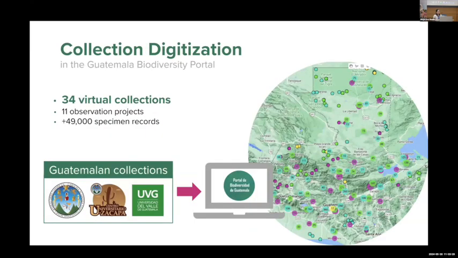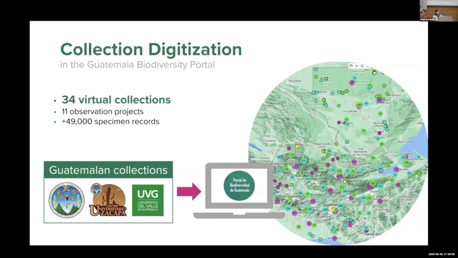So this project has enabled the digitization of more than 34 virtual collections, because many collections are part of a single institution, for example, but the herbaria has, for example, not an algae collection, unfortunately, but a plant collection, a moss collection. So they have several virtual profiles for their own collections. So in total, we have 3 universities working with us.